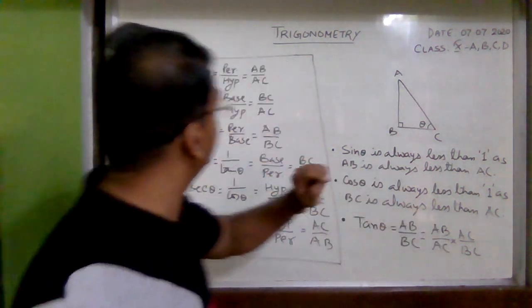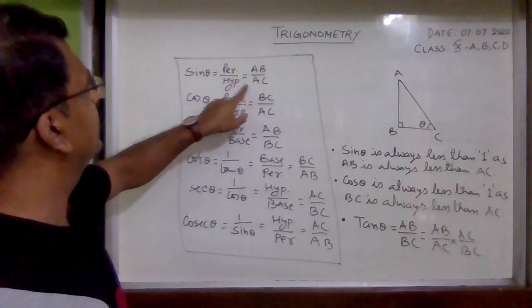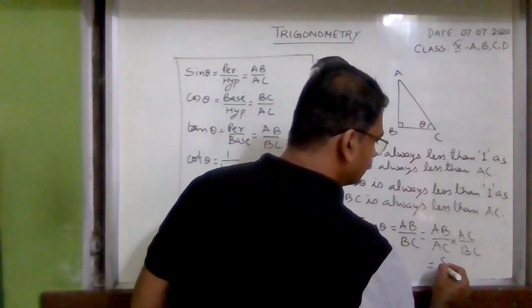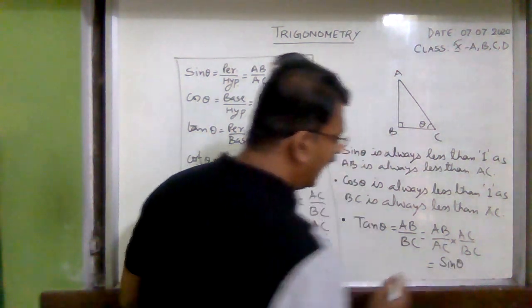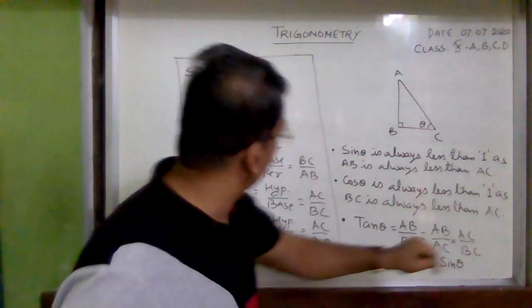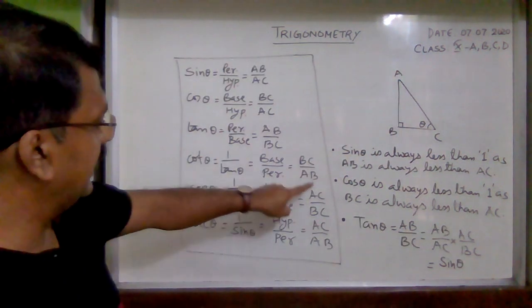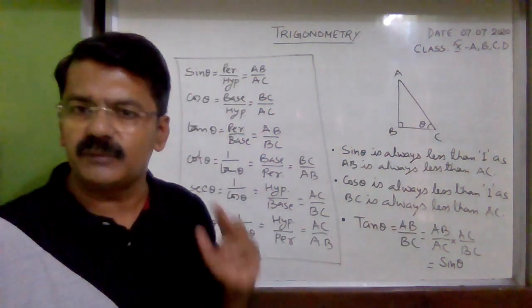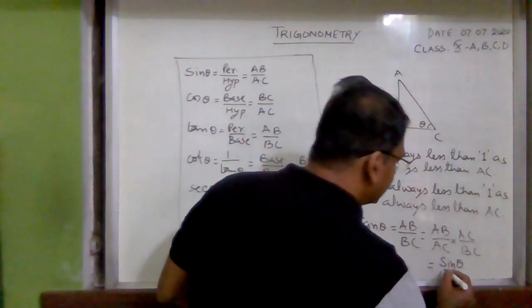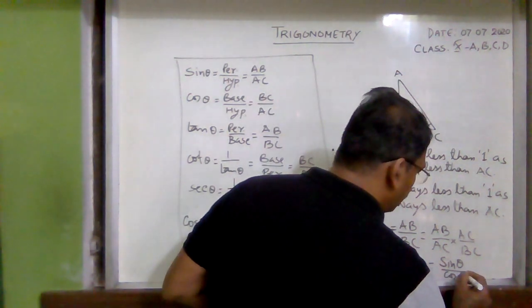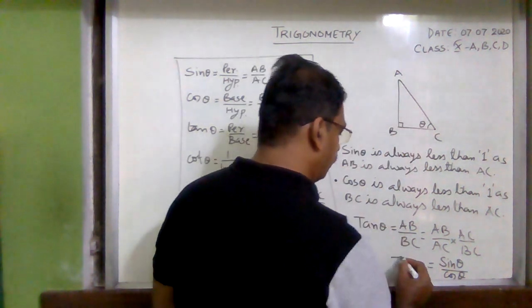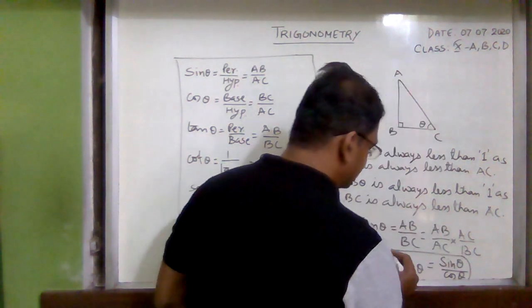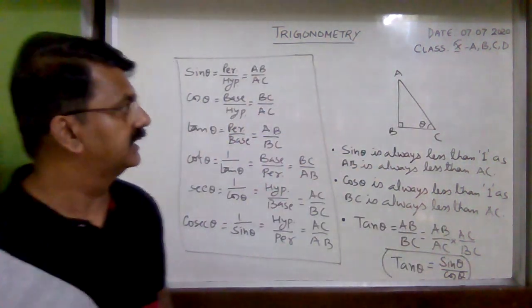Now AB upon AC is nothing but sine theta, and AC upon BC is 1 upon cos theta. So in place of AC upon BC, if you write 1 upon cos theta, it is sine theta upon cos theta.